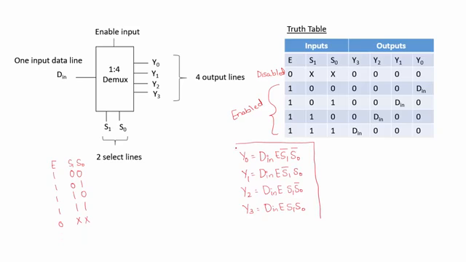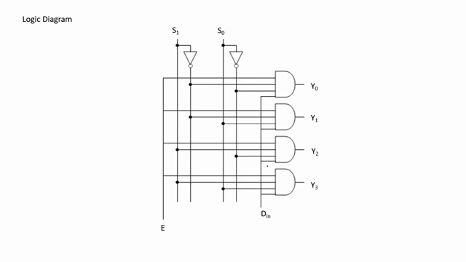So you have 4 output expressions. If you draw the logic diagram using basic gates, it will give you the logic diagram of the 1 to 4 demultiplexer. We have already drawn the logic diagram here.